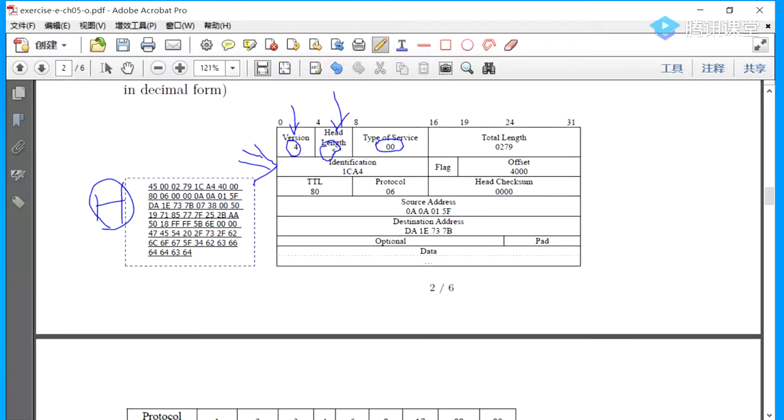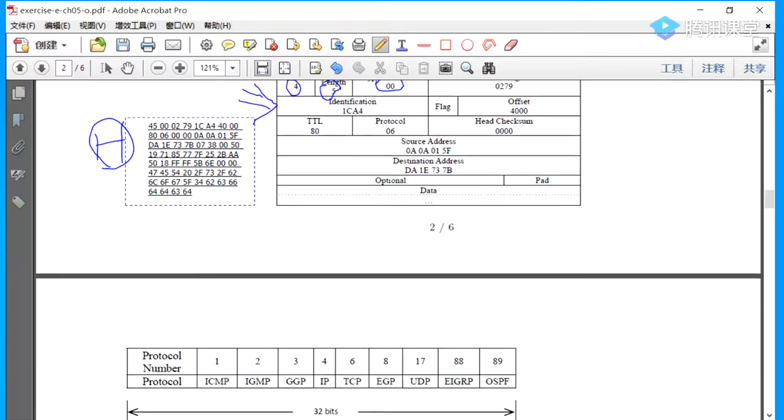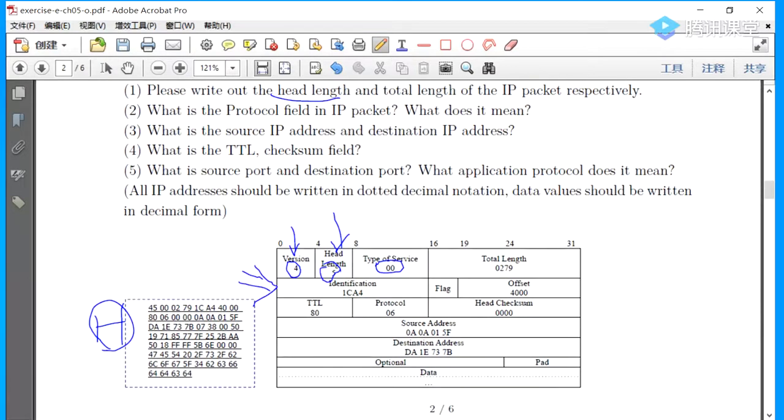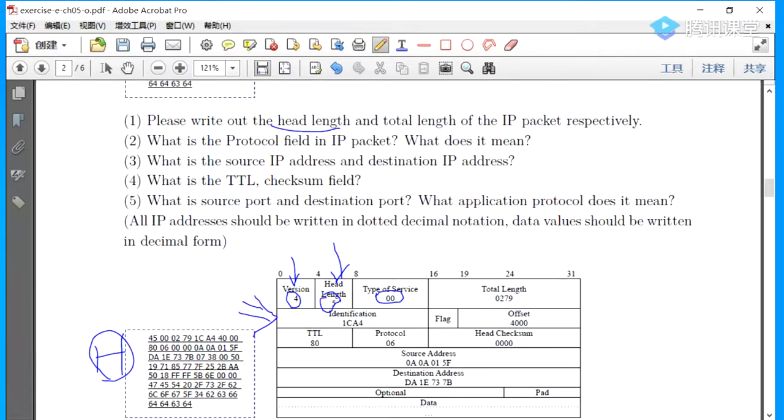So when we finish filling the values, we can determine the meaning, right? Determine the value and its meaning. So for example, write out the header length. The header length here is 5.